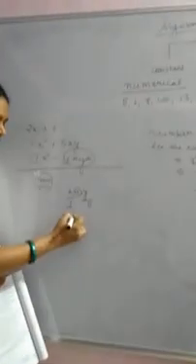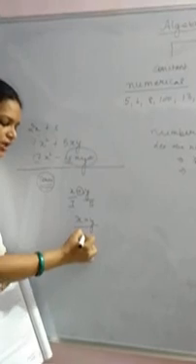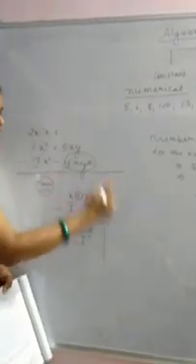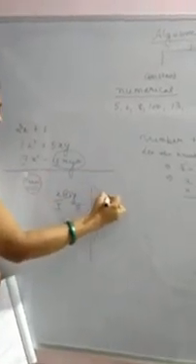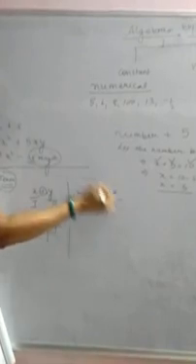But if I write x into y, this will be only a single term. Getting my point? Again, if I write x plus y plus 2z, how many terms are there? 1, 2 and 3. 3 terms are there.